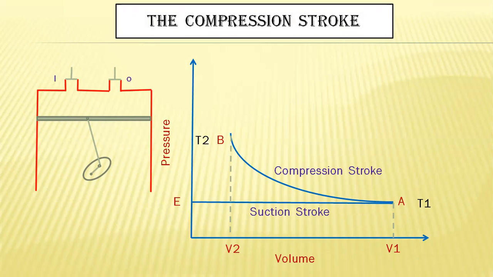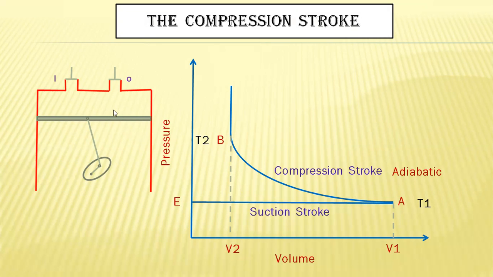At the end of the compression, the sparking takes place, and due to the sparking, the temperature increases and also the pressure increases. But the piston remains there only. Therefore, the volume is the same.